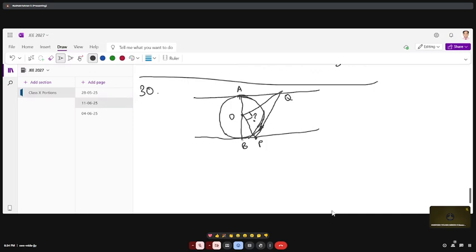Okay. So you see that AB passes through the center, so it's a diameter. So you draw a tangent through A and tangent through B. So they will be parallel.